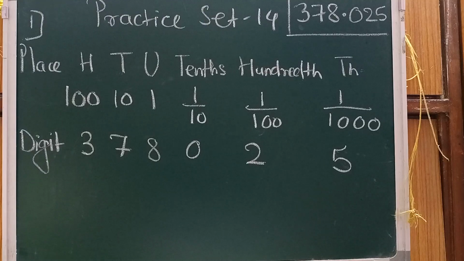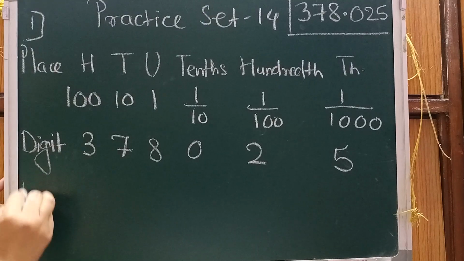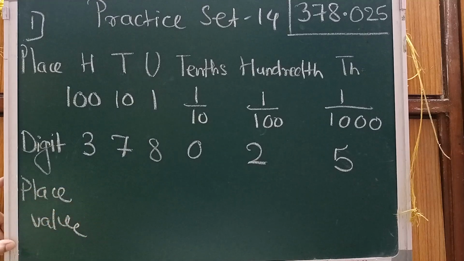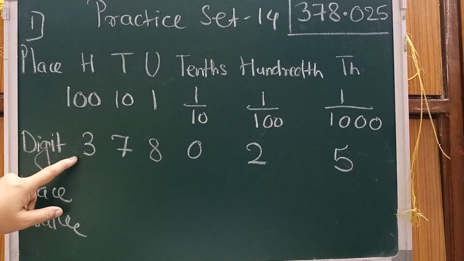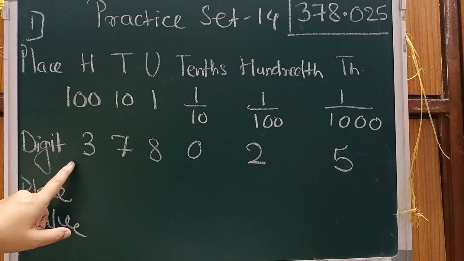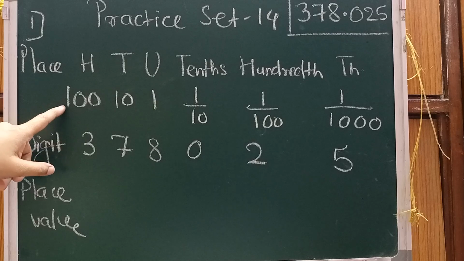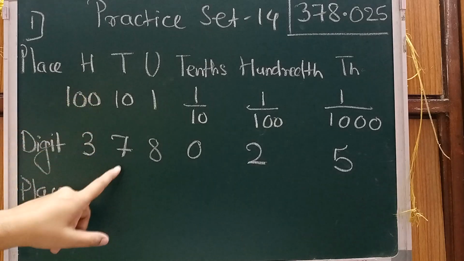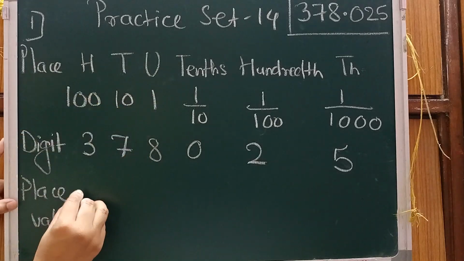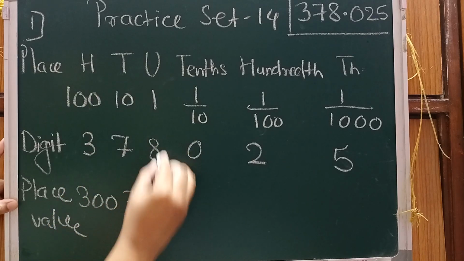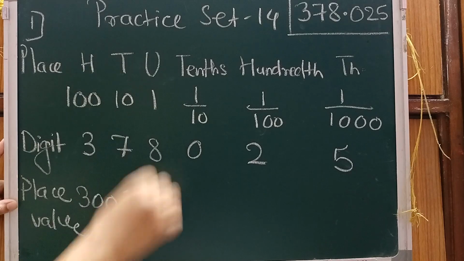Now the next is what? We have to write the place value of these digits. These place values we can easily recognize, as we have studied this in 5th standard also. How can we do this? We take the multiplication. So the place value of 3 is 300, that of 7 is 70, and that of 8 is 8 ones, which are 8.